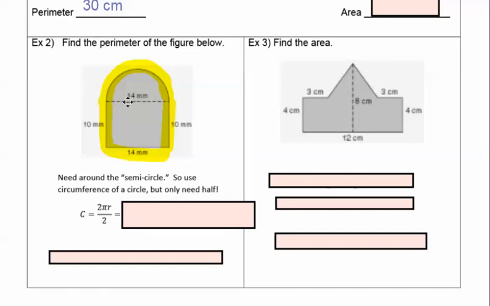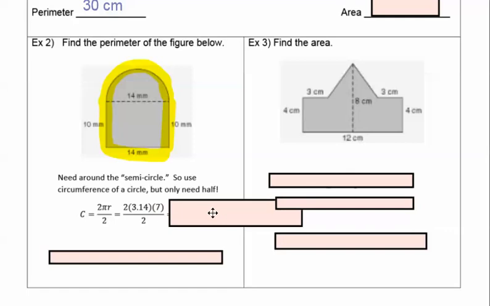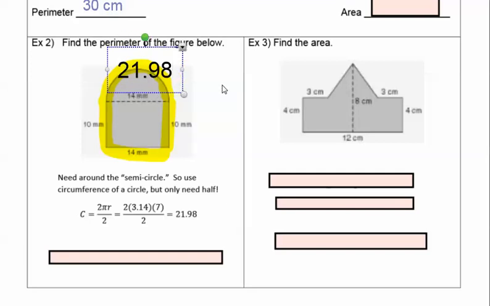Now real quick, what's our radius? Yep, our radius is going to be 7. So now when we do this in our calculator, we will get 21.98. So then I would write that up here, 21.98.